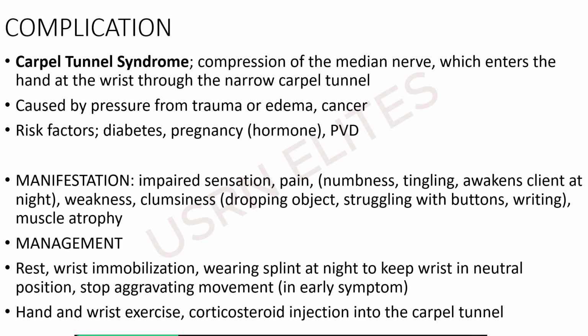Once the vessel supplying the peripheries is occluded, the nerves wouldn't get enough blood supply, and it causes this. So all these are risk factors to get what? Carpal tunnel syndrome. And one of the complications of rheumatoid arthritis is carpal tunnel syndrome.